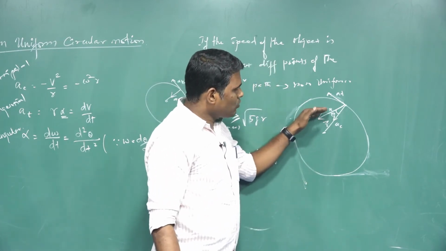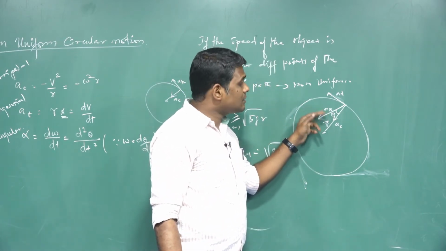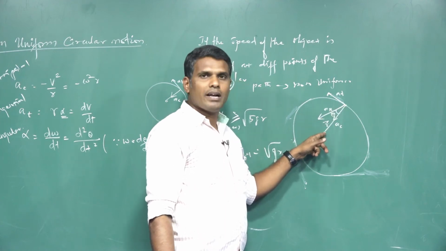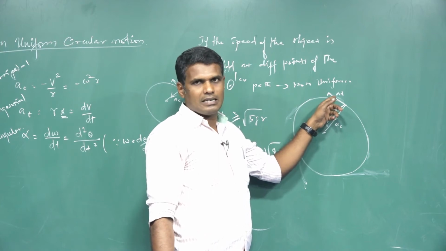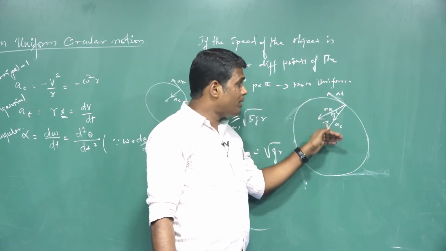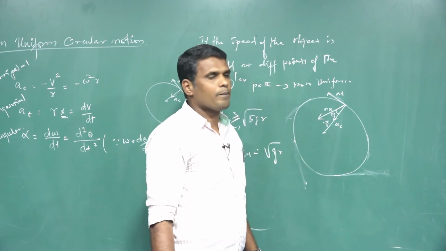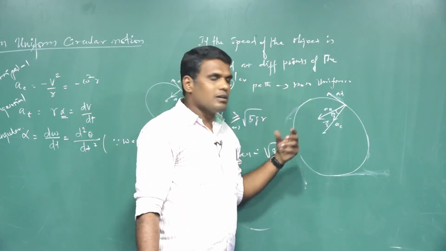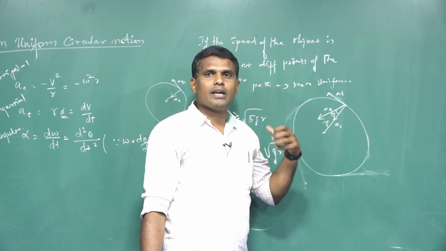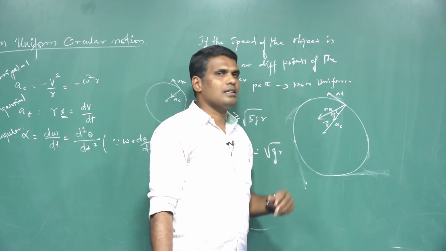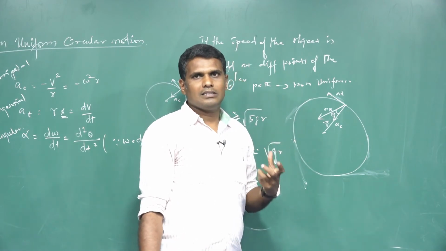Why am I orienting this resultant acceleration towards centripetal acceleration? Because the centripetal acceleration's magnitude is greater when compared to tangential acceleration, so the resultant will be oriented slightly towards the centripetal acceleration. Now, the magnitude of the resultant acceleration can be calculated vectorially by taking a vector sum of these two accelerations, centripetal acceleration and tangential acceleration.